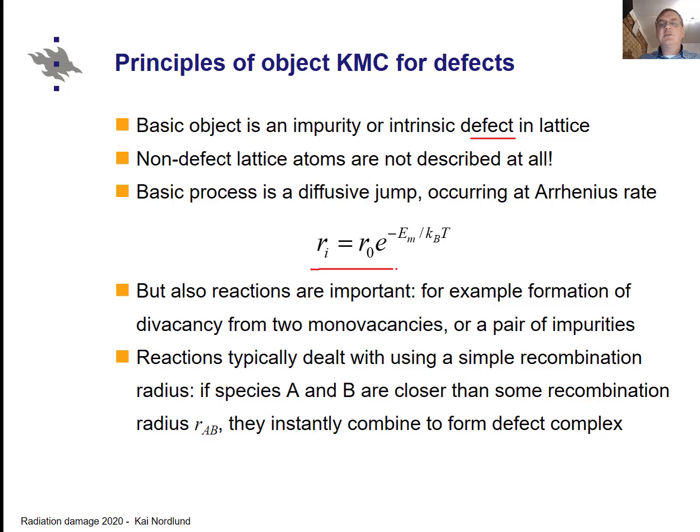The process is a diffusive jump occurring at an Arrhenius rate, but then you have these reactions like the monovacancy clustering to a divacancy and so on. And as indicated already, defect reactions are typically dealt with by a simple recombination radius. If two species are closer than the recombination radius, they instantly recombine to form a defect complex.